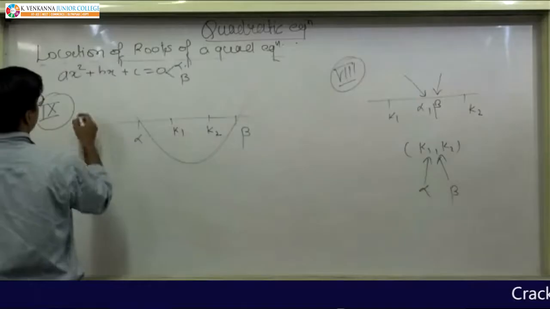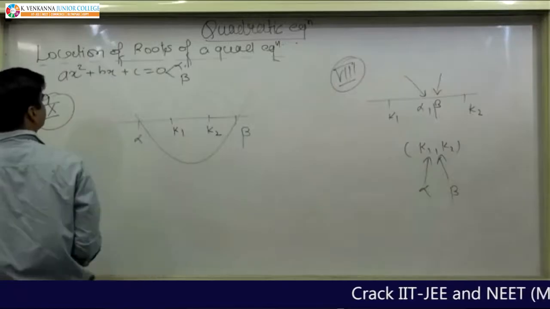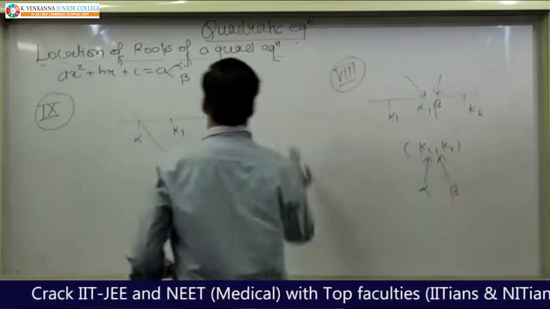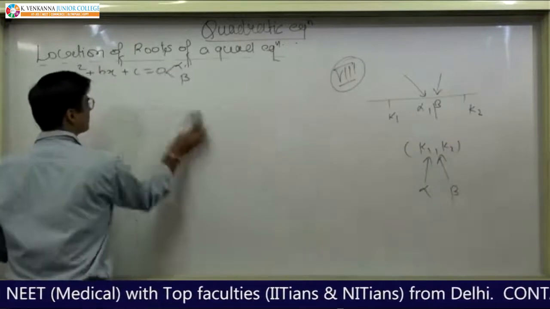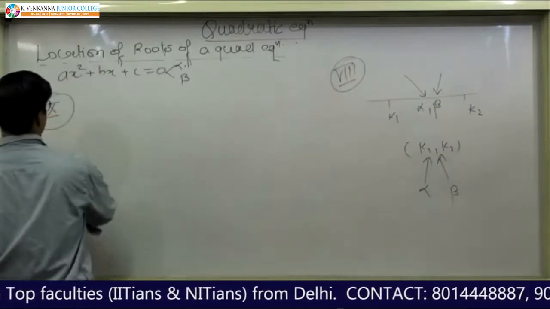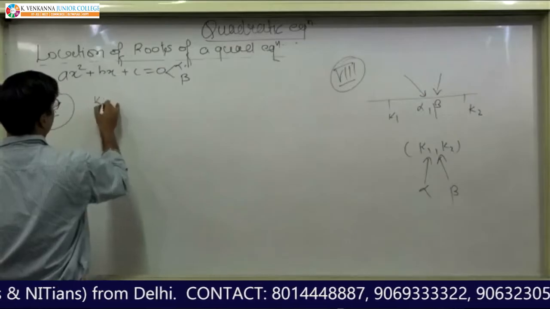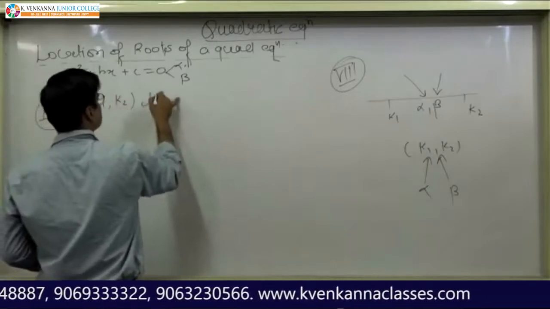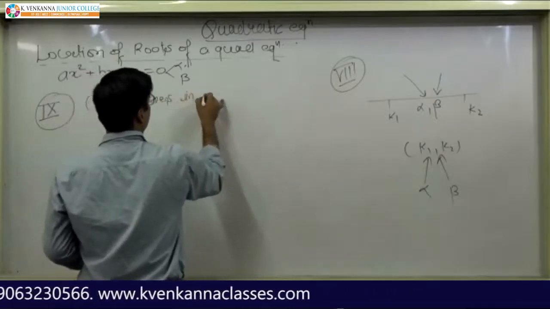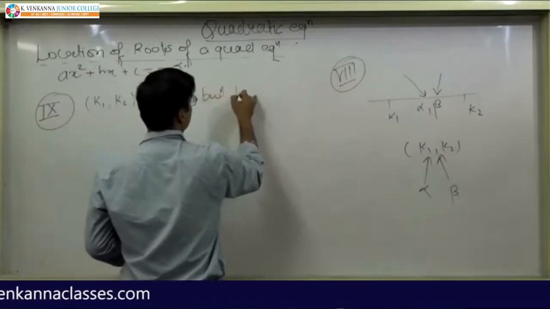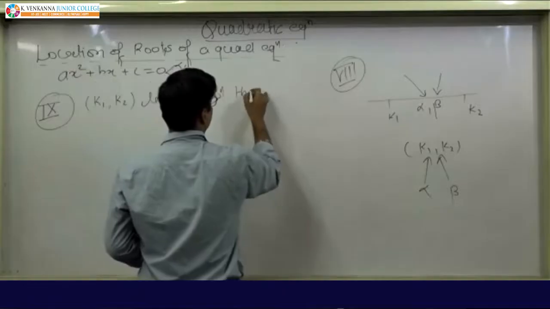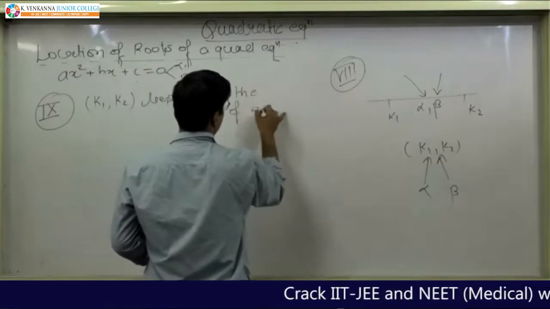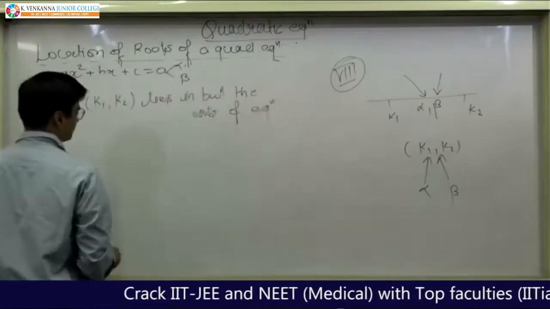So case number 9 is: K1, K2 lies in between the roots of the equation.